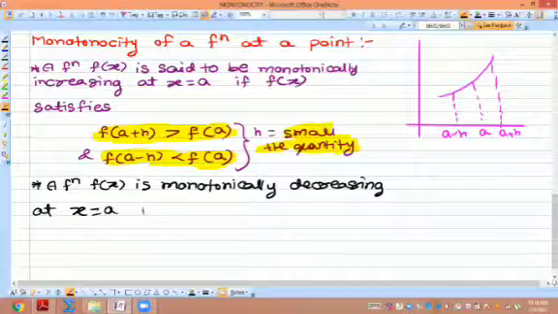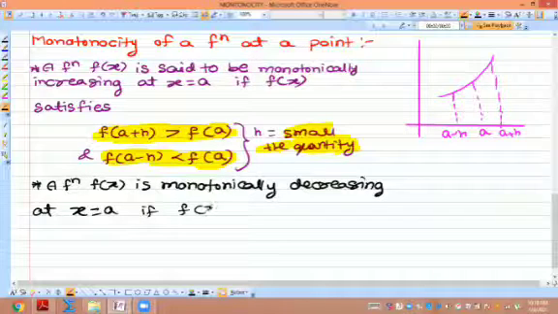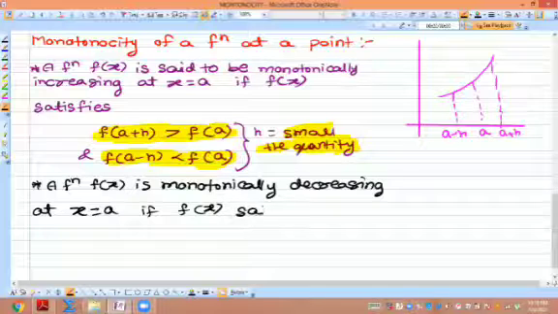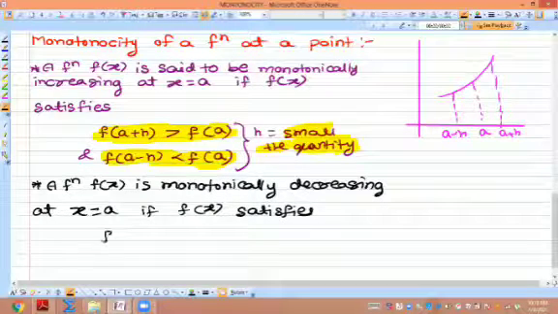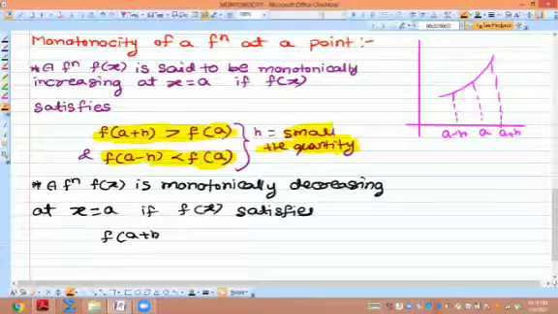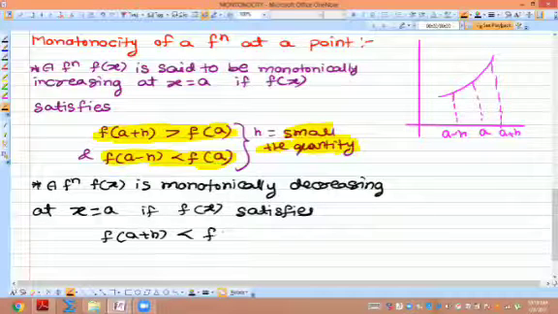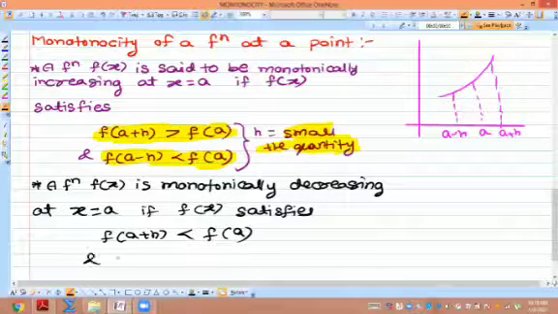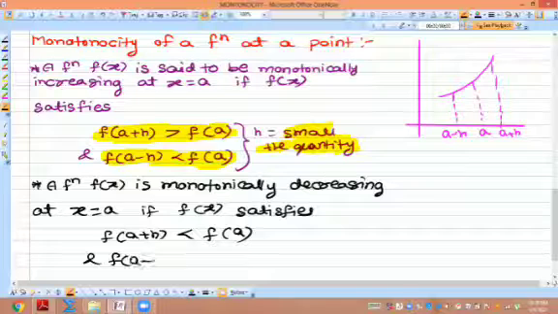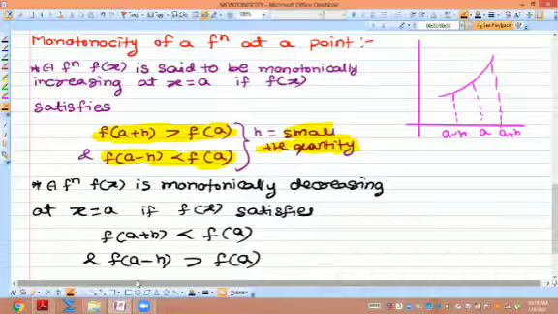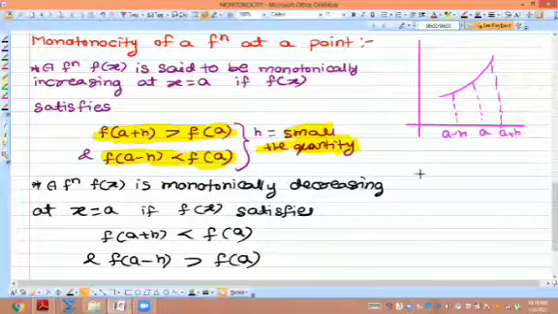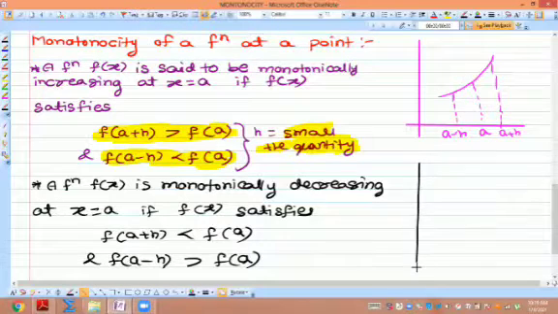Tell me. f of a plus h is less than f of a. Very good. f of a plus h should be less than f of a, and f of a minus h greater than f of a. Very good. Okay. So how will the graph be?